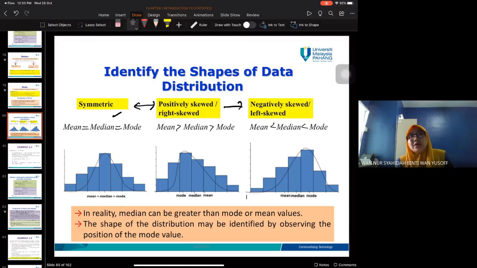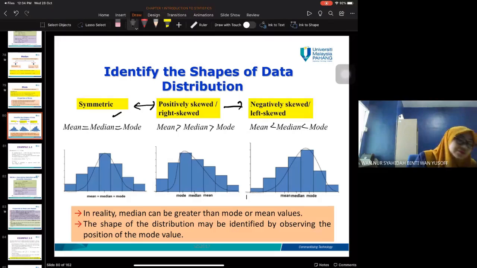But when you have real data, sometimes it will not be similar to this pattern. So how to identify the shape when we have real data? With real data you will get variation, the data is diverse.